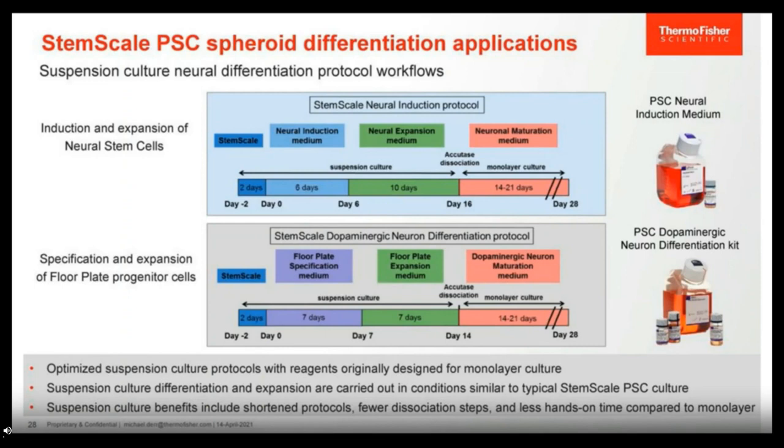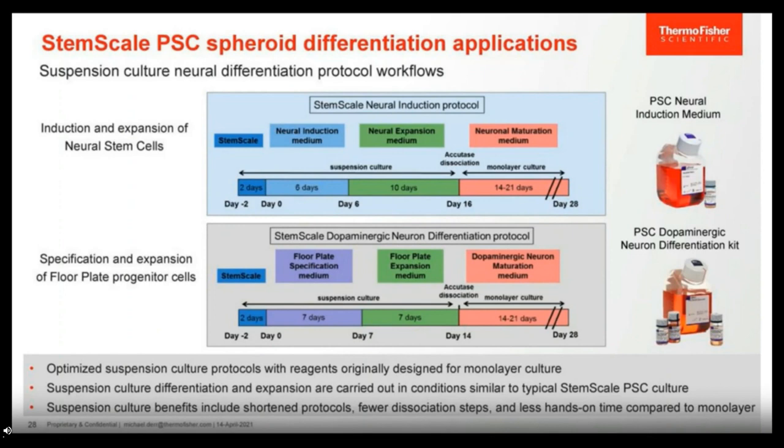The suspension culture differentiation is carried out in conditions very similar to the typical StemScale PSC culture, meaning that the agitation speeds and the medium volumes are the same for the corresponding vessels that are used.